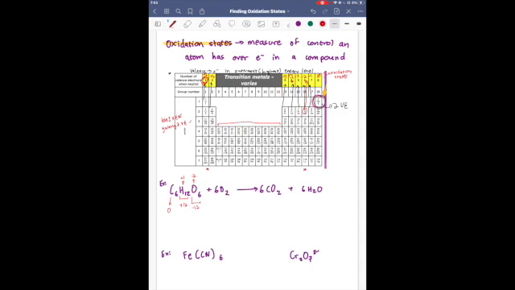Carbon can be +4 or -4, but the way that I figured this out, I had to start with the most electronegative element, which was oxygen. I then moved on to hydrogen, and then based on the other oxidation states, I figured out carbon.